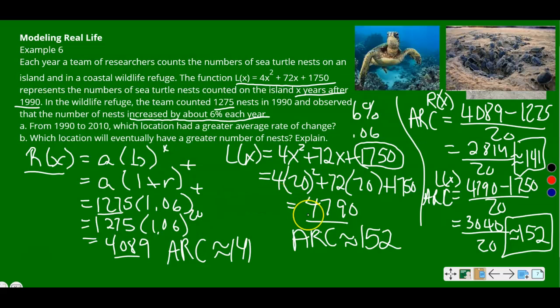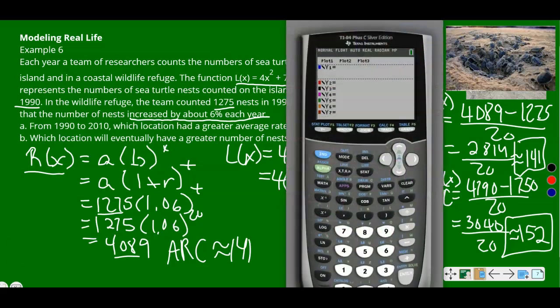So since we're comparing a quadratic function with an exponential function, even though after 20 years this number is greater, we know that eventually the average rate of change for the refuge will pass up the average rate of change for the island. So if we wanted to see that, we could graph it. So let's use our graphing calculator to put these two functions in and graph them.